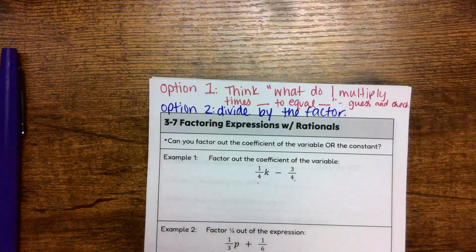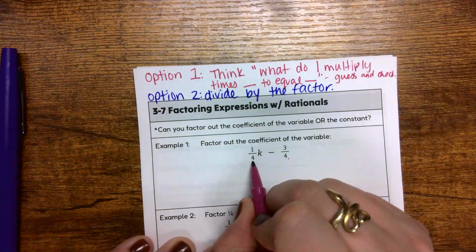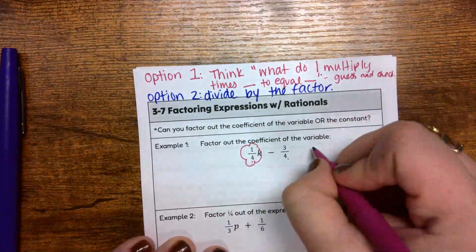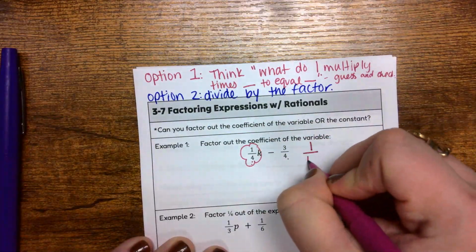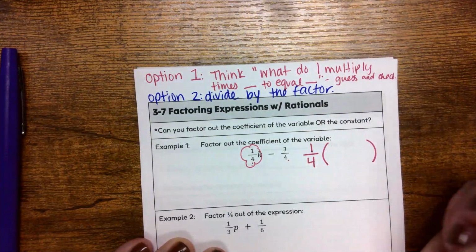Okay, so if we know it's telling us to factor out the coefficient, our coefficient is 1/4. So that means that 1/4 is going to go in front of the parentheses, right?